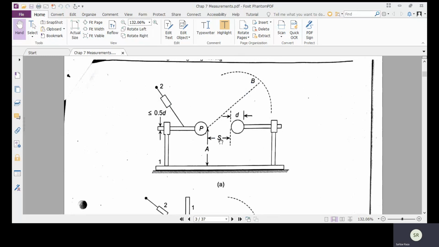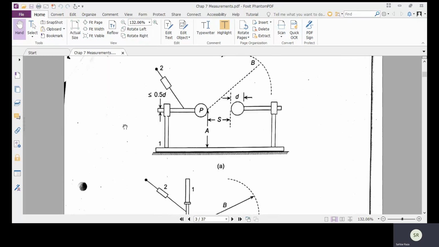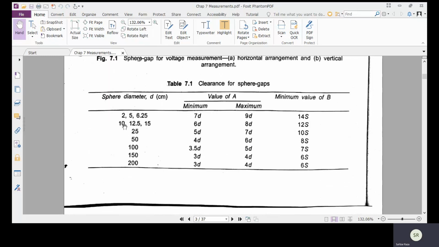So the researchers have provided us the standard values of A and B in relation to spacing S and D, and all these values are given in table 7.1.